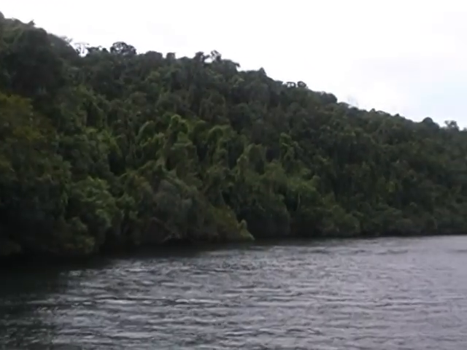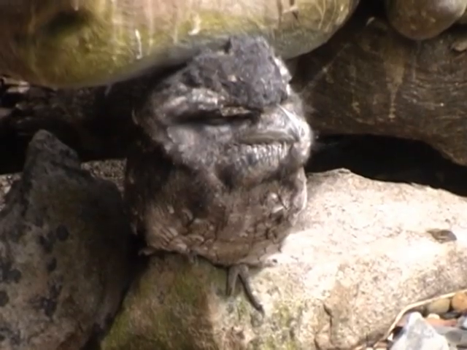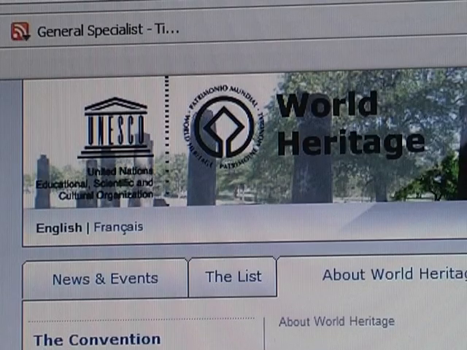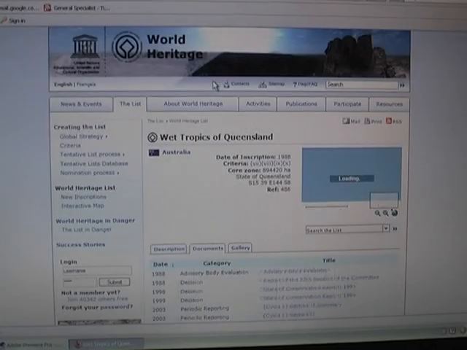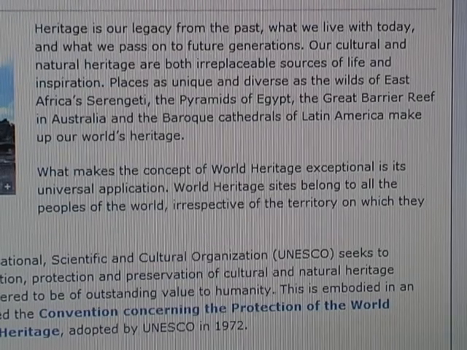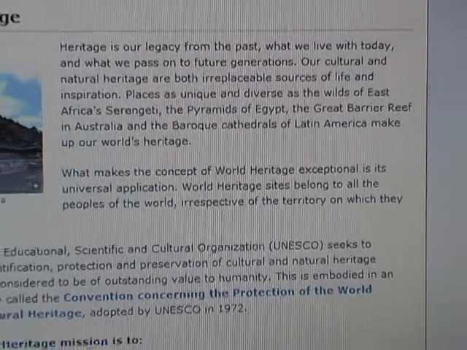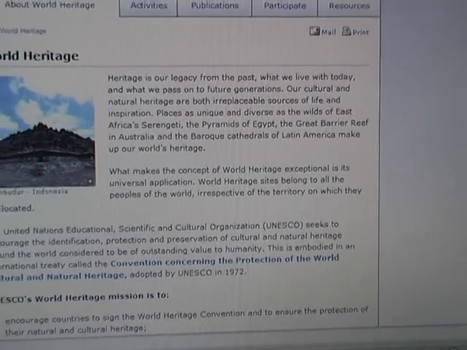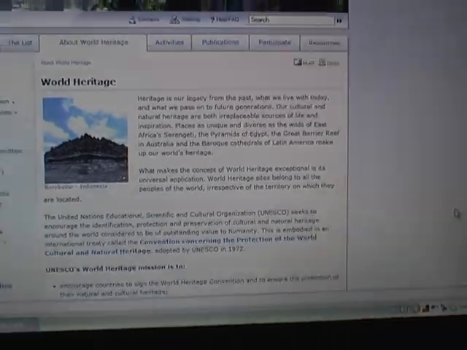This rainforest has been given World Heritage status by the United Nations Educational, Scientific and Cultural Organization, known as UNESCO. It is an exceptional award as it recognizes the importance and outstanding value of this forest for all of humanity, not just Australians.